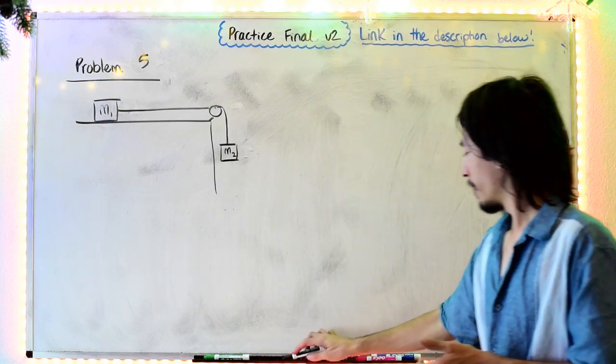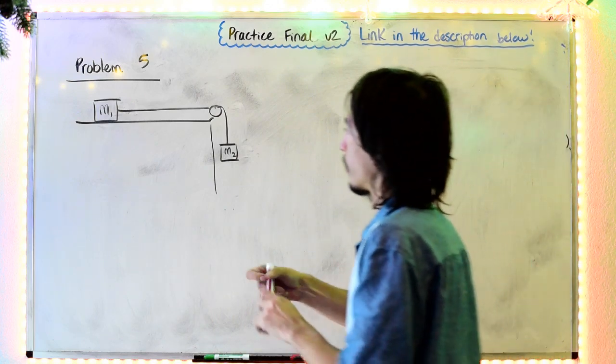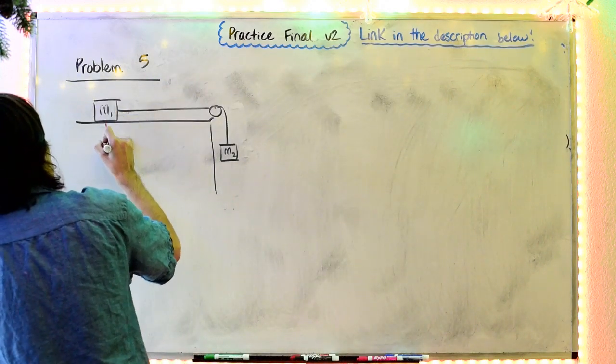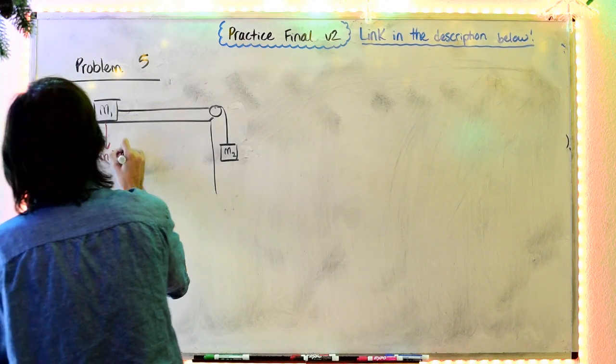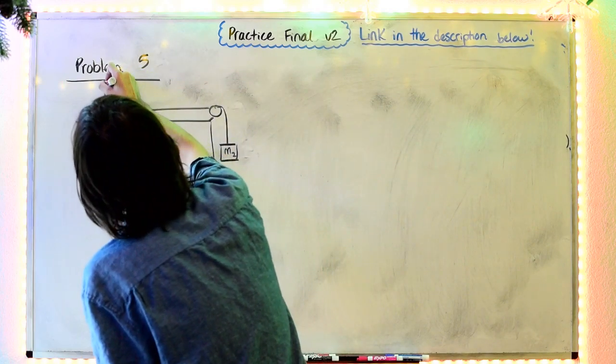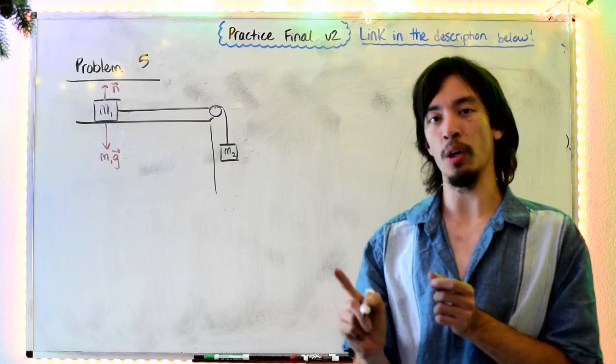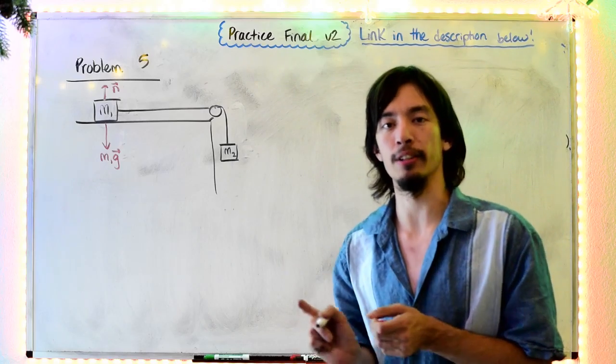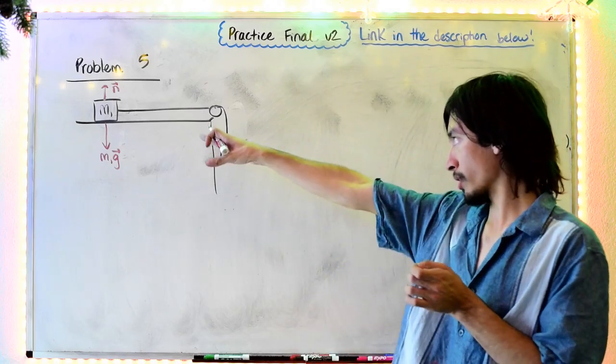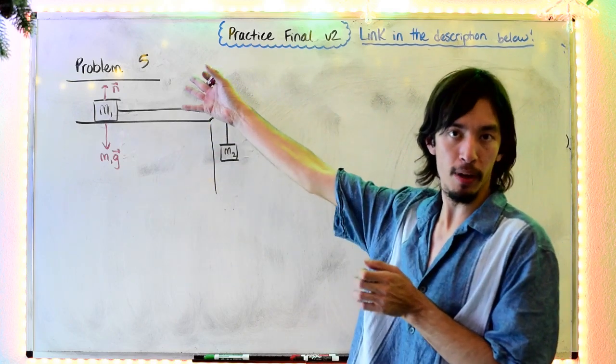Now, draw the forces on it. So the weight goes down. The normal force goes up, but the normal force does not always go up. It always goes perpendicular to the surface. So in the horizontal surface, it is straight up.